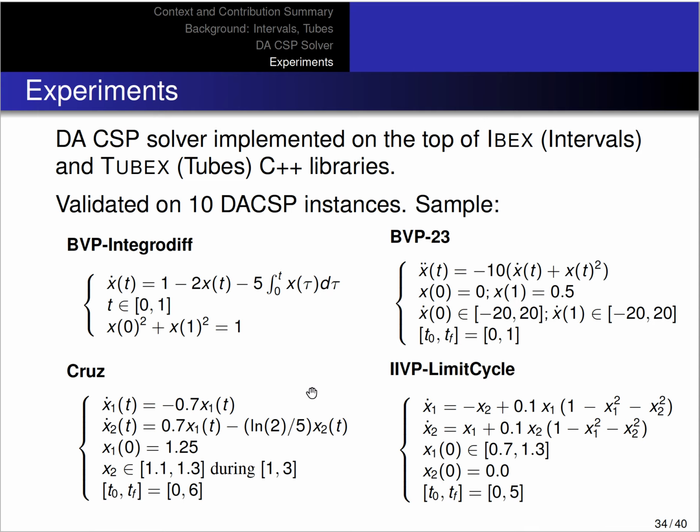Third, the famous problem studied by Cruz and Barahona with a two-dimensional nonlinear ODE and an observation constraint here stating that x2 must take a value around 1.2 somewhere in the time window between 1 and 3 seconds. Finally, an interval IVP corresponding to a limit cycle, which is not easy to integrate because the solution rotates over time.